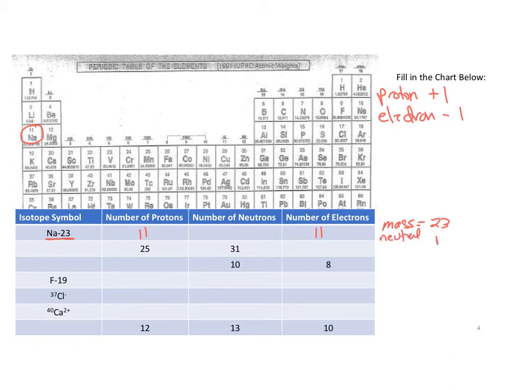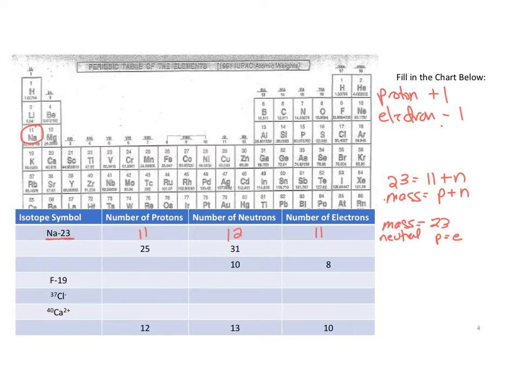So the number of protons, the positive, have to equal electrons. And then neutrons would be the mass equals protons plus neutrons. So 23 equals 11 protons plus N. So 23 minus 11 is 12.